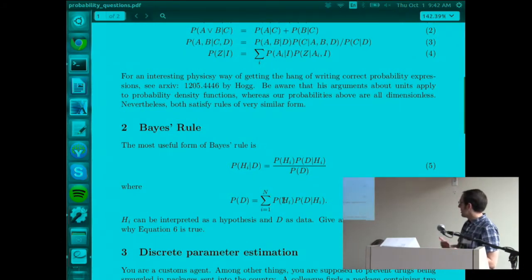Or it could come about through H2 or through H3 and through H4 all the way up to through Hn. So the terms inside the sum are the probabilities of these n different routes, and if the HIs are all mutually exclusive, which they are in this setup, then you can just add the probabilities to get the probability of D.